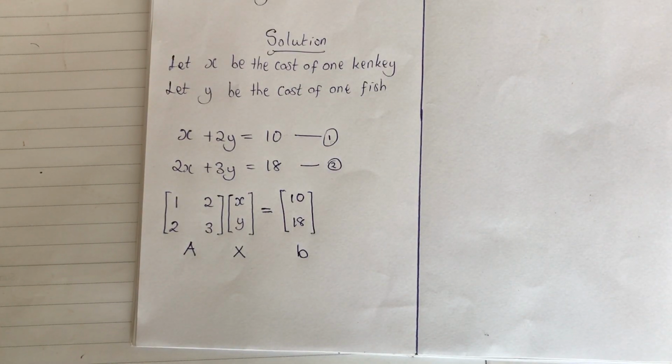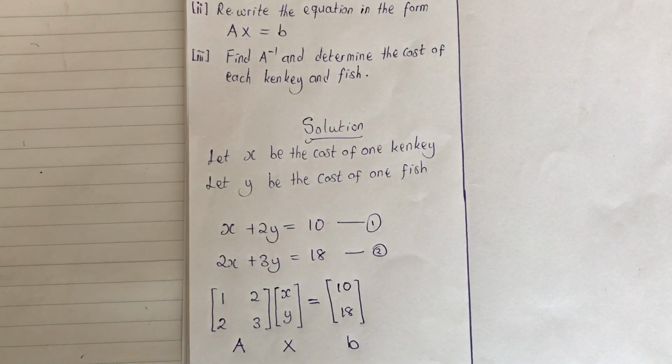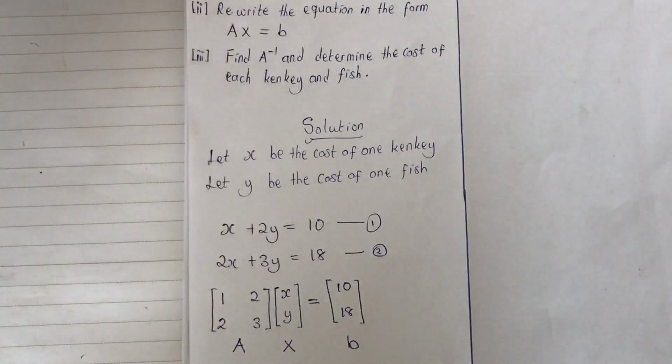Now let's move on to the third one. The third one says find A inverse and use it to determine the values of x and y. Now we have a formula for that.